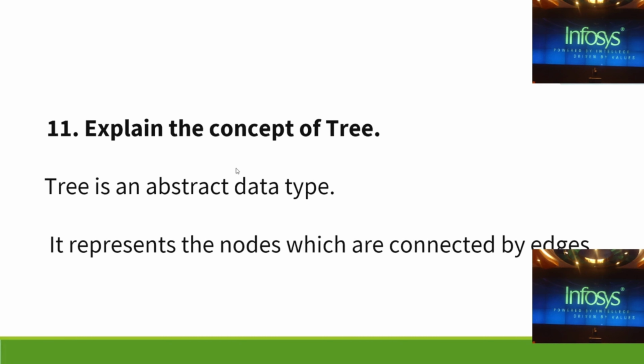I already told you in the previous video about the root node, the left node and the right node, in-order, pre-order and post-order. I hope in past videos I explained in-order, pre-order and post-order. So you can see the node concept is under the tree also. Okay, so the 11th question is done.